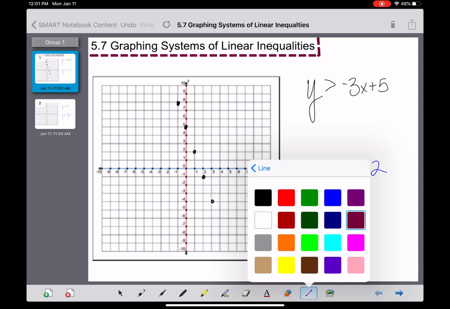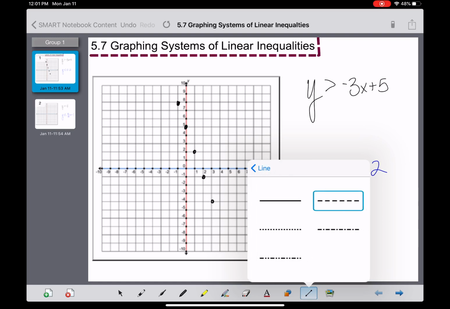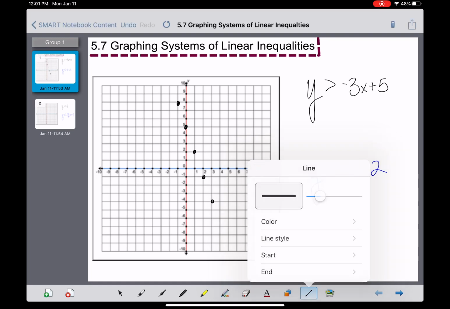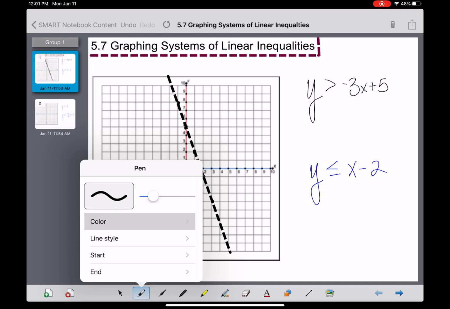So because there is no equal to sign, we are looking at a dashed line. And then where I shade. So since it's greater than, I'm going to shade on the region above my dashed line. If you have trouble determining which region is above, I like to look at the y-intercept.